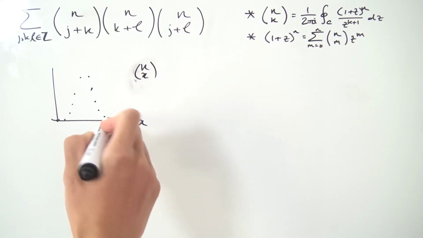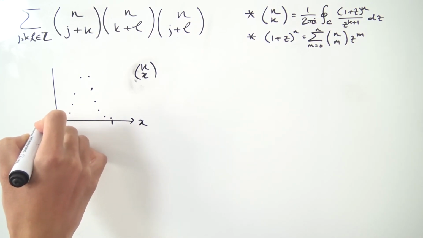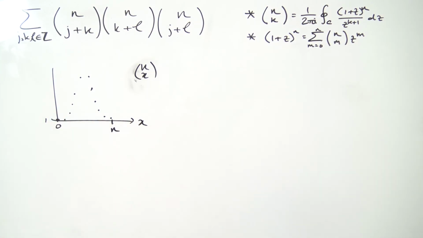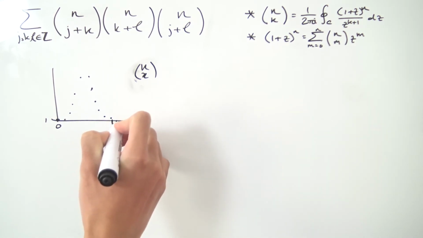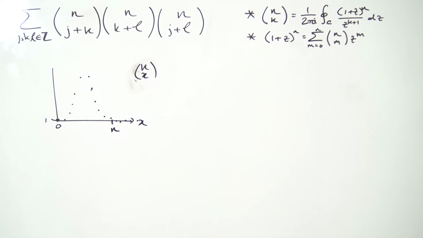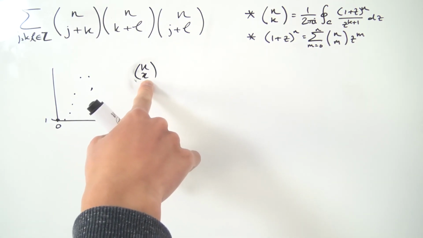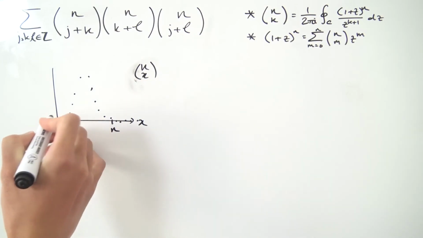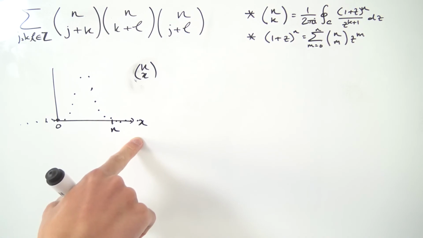At 0, your value would be 1. At n, it would be 1 as well. And anything past n is going to be 0. So x could literally be any integer.